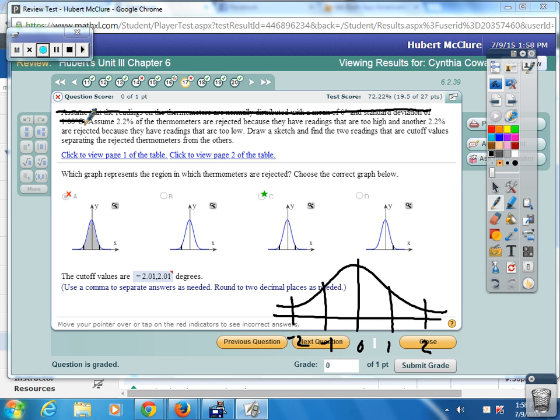Assume 2.2% of the thermometers are rejected because they have readings that are too high. Well, 2.2%, this is 2.5 right here, correct? The 2.2 would probably be right in here. And then the other 2.2 over here.